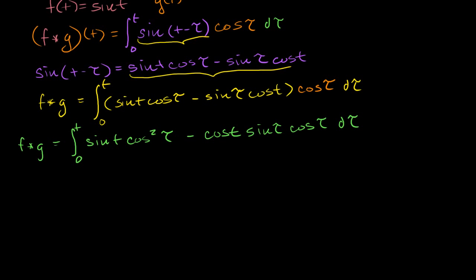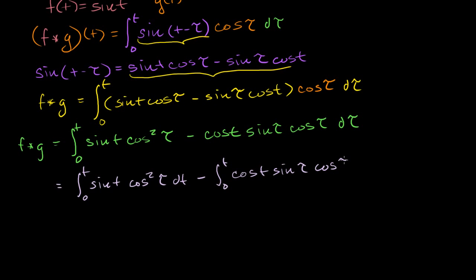So this is equal to the integral from 0 to t of sine of t times the cosine squared of tau d tau minus the integral from 0 to t of cosine of t times sine of tau cosine of tau d tau.